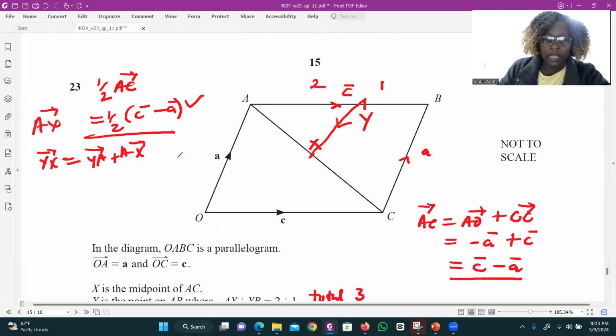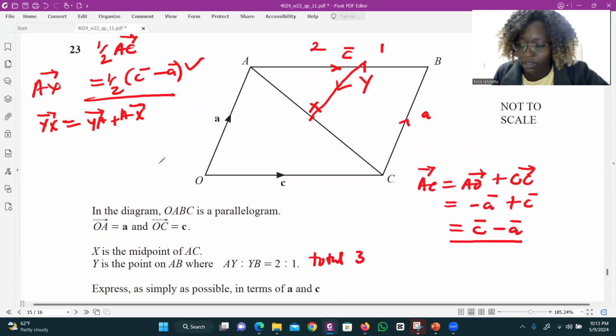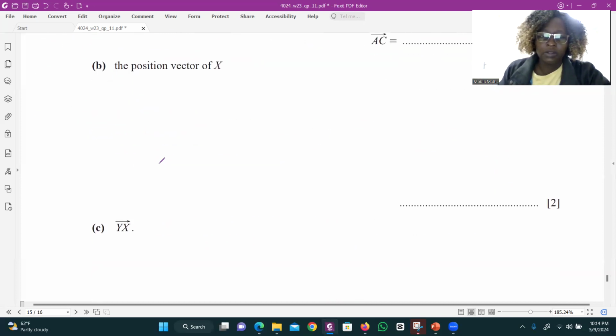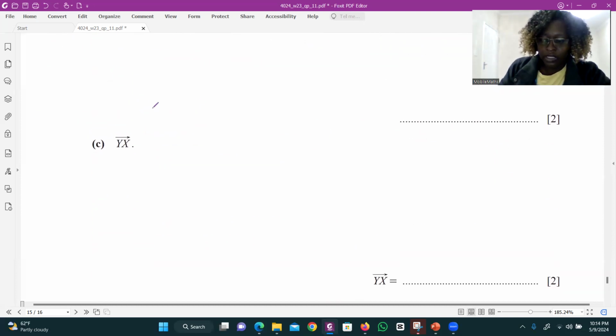This one that we got there. So let's substitute and find the values there. I want to work it down here.